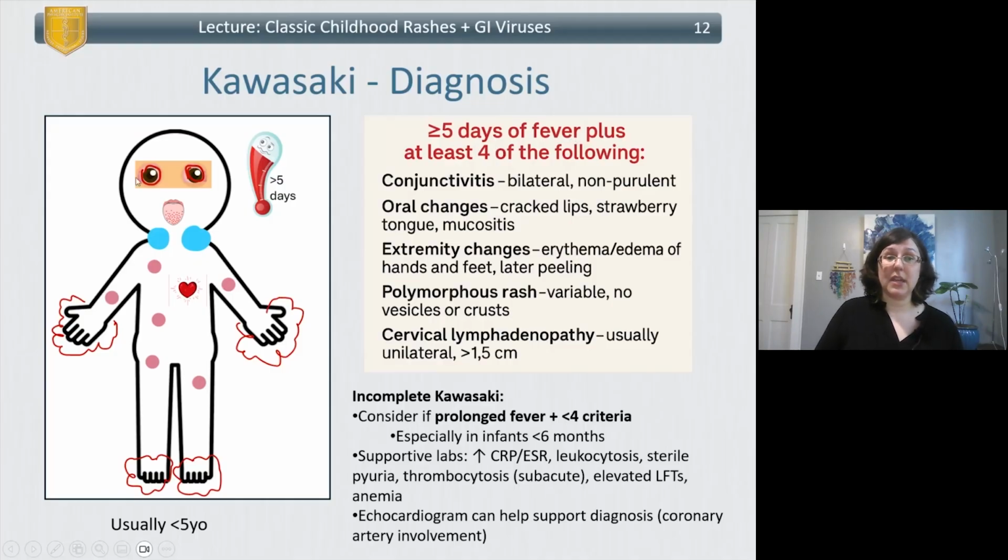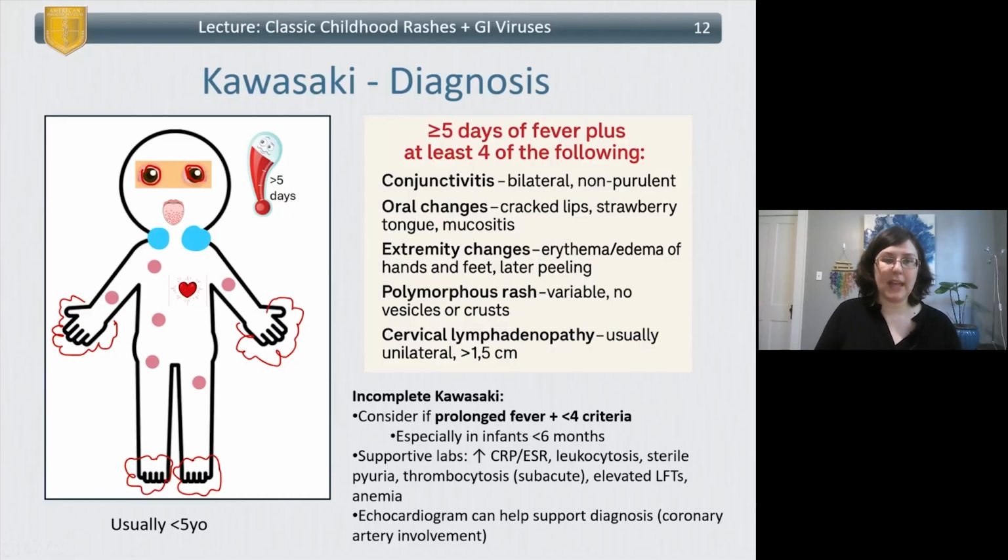That includes conjunctivitis, which is bilateral and non-purulent. Oral changes, and the classic oral change is a strawberry tongue, but it can also include cracked lips or mucositis.